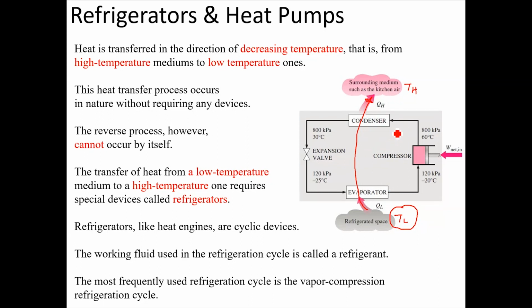We looked into the coefficient of performance of a refrigerator. When we were talking about heat engines, we looked into thermal efficiency, and that means how much work could be extracted out of the heat that is being given to a heat engine.